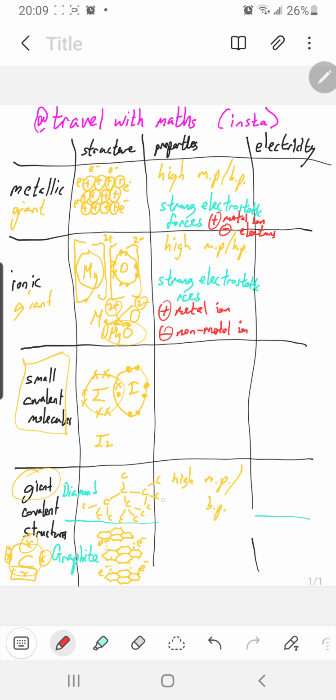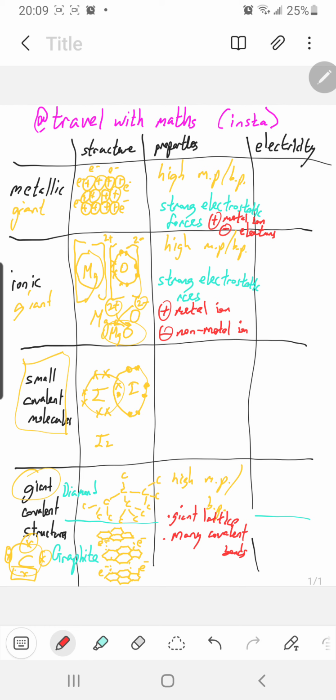And in giant covalent structures, it's got nothing to do with electrostatic forces because you do not have opposite charges. Diamond is neutral, and graphite only has delocalized electrons, so just negative charge. Here it's high because it's a giant lattice structure with many covalent bonds.